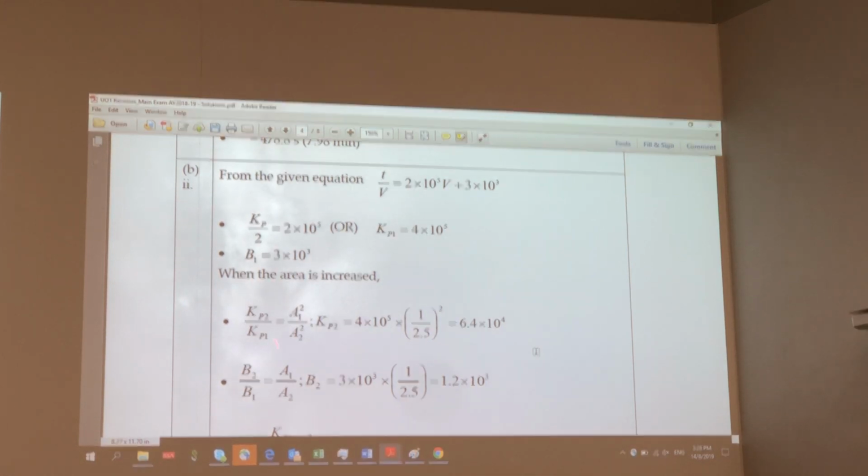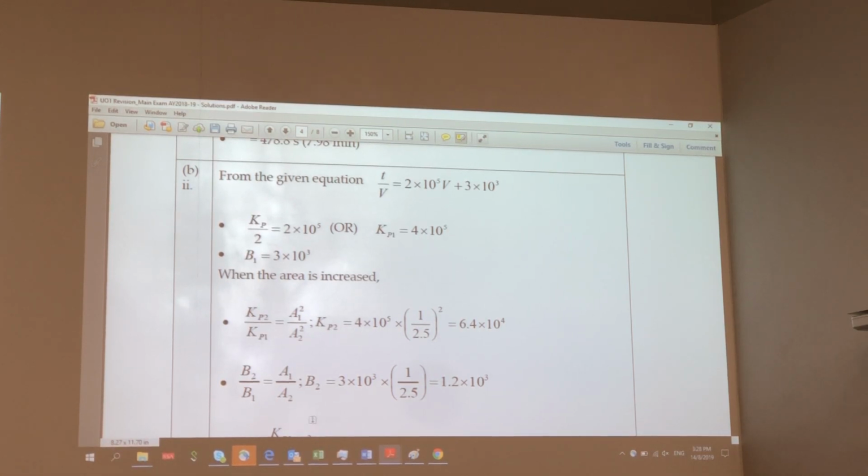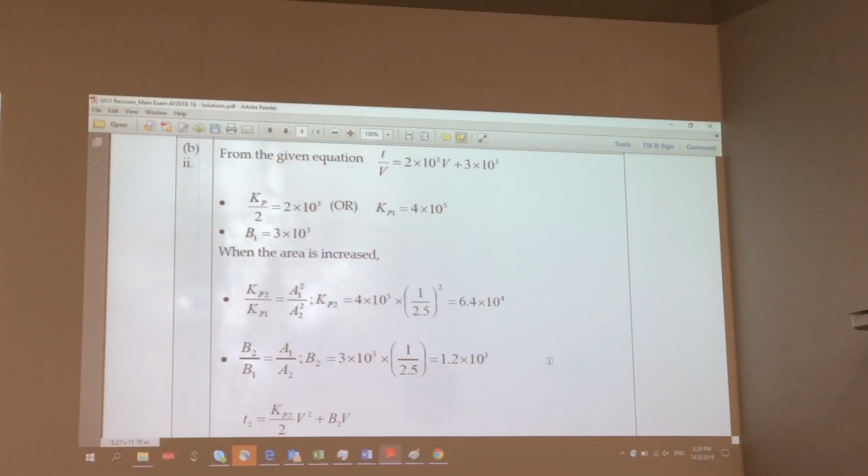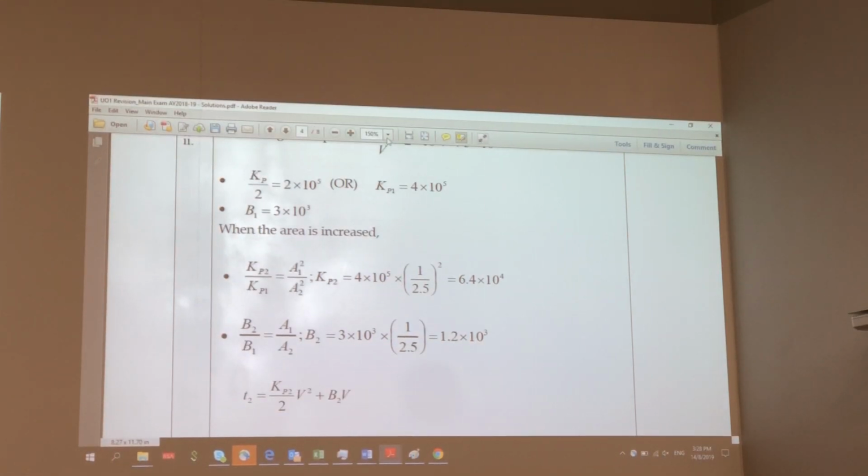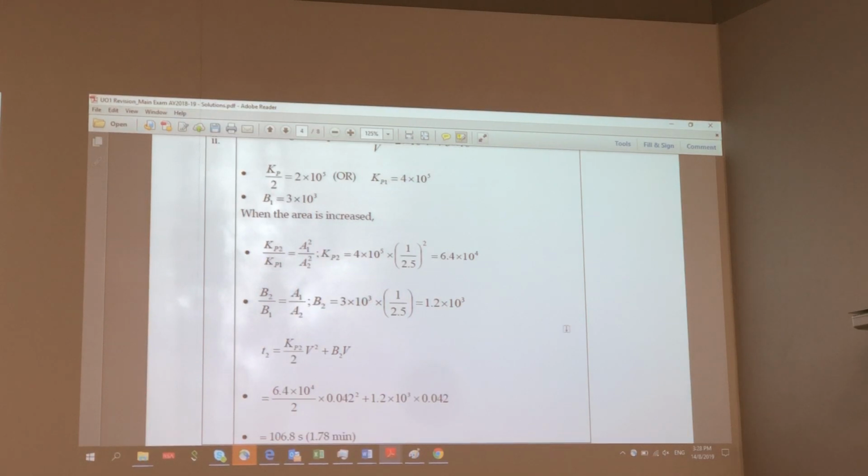This is Kp2 over Kp1, but here is A1 over A2 squared. Okay? Okay, so after you find the new Kp and the B, then you substitute inside. Then you can calculate the new filtration time needed.